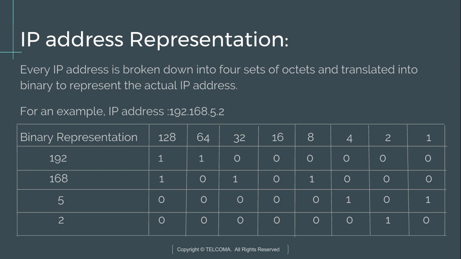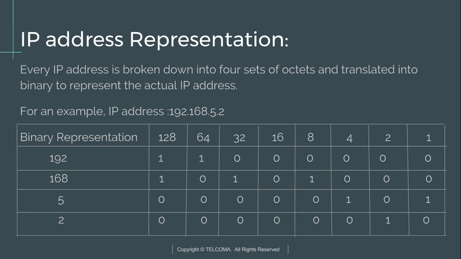If we want to represent 192 in binary, then add 128 and 64, and we get the value 192. So the bits 128 and 64 are set to 1 and the other bits are set to 0, and the binary value of 192 becomes 11000000.